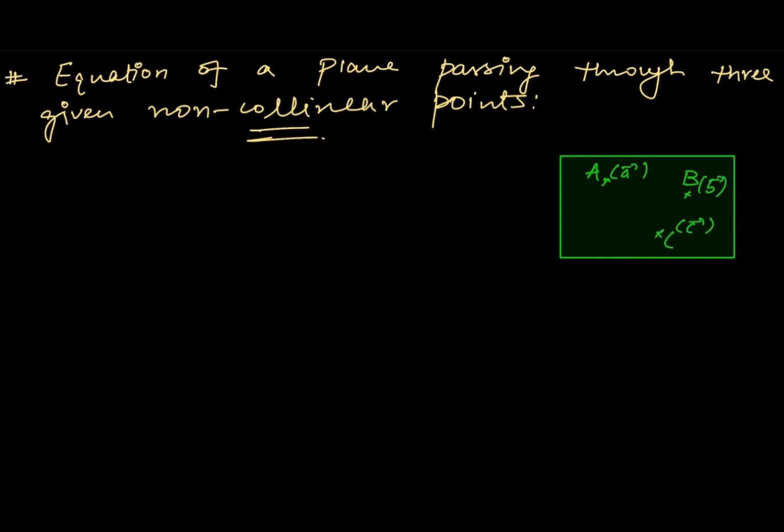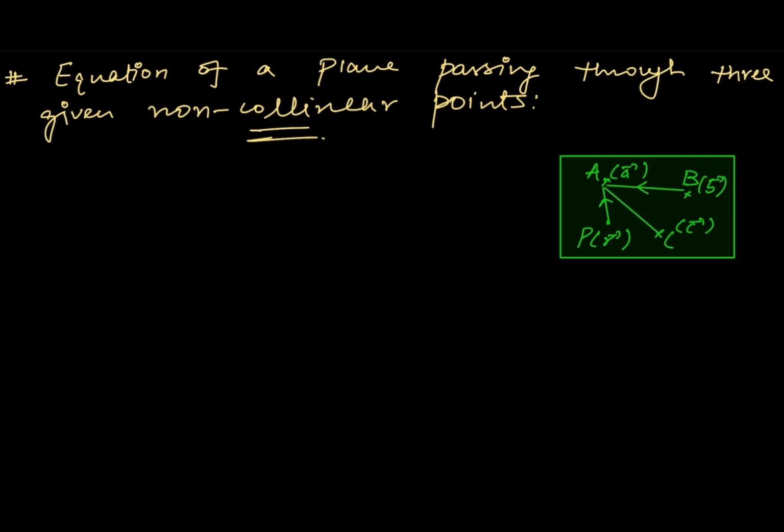And let's say P is a general point having position vector R vector. Then PA, BA, and CA.